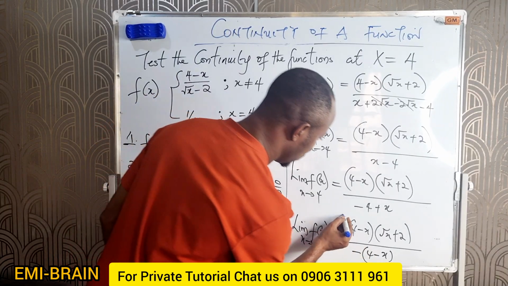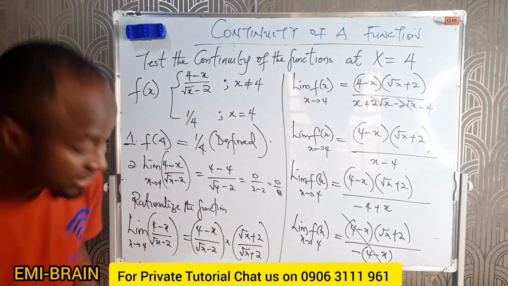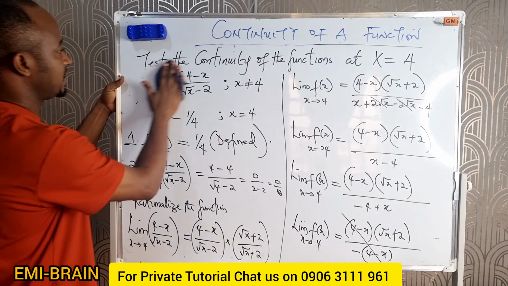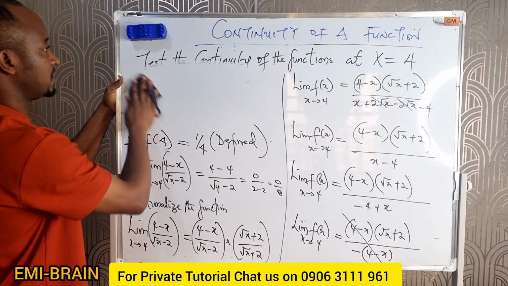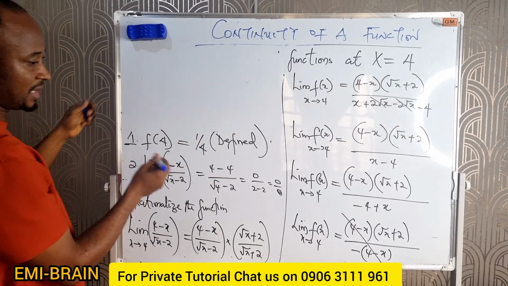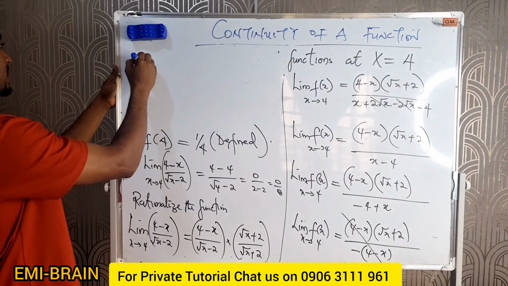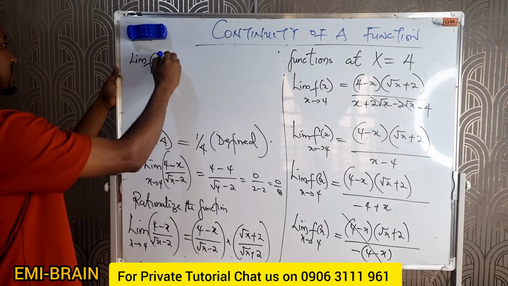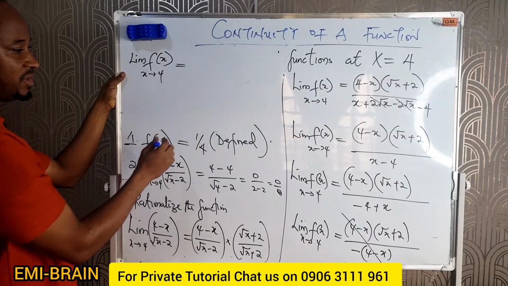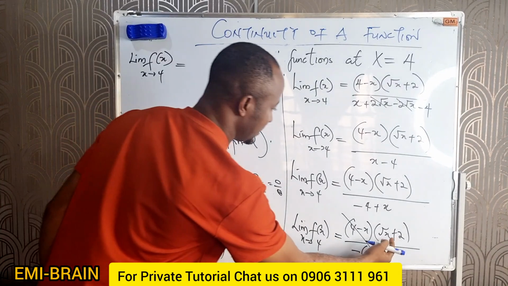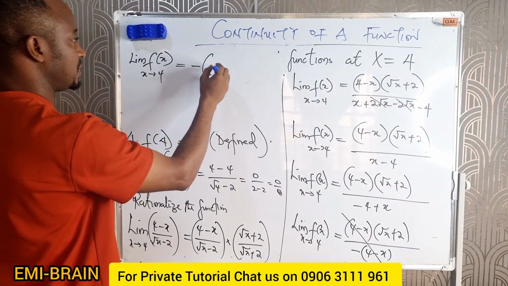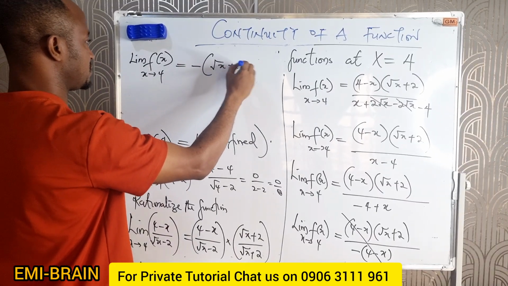So this can go with this, right? So if that should occur, that implies that our limit of f of x as x approaches 4 will then be, divide this by minus 1, that will give us minus, in brackets, root x plus 2.